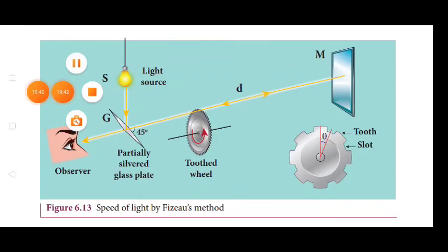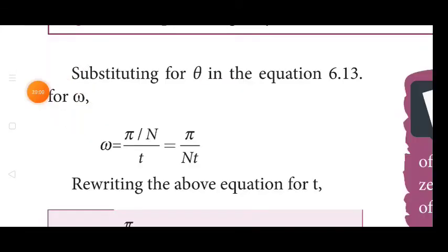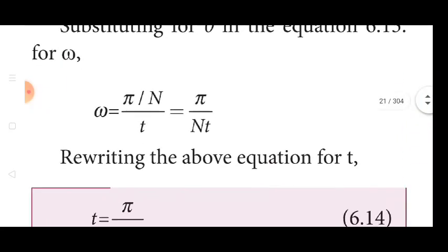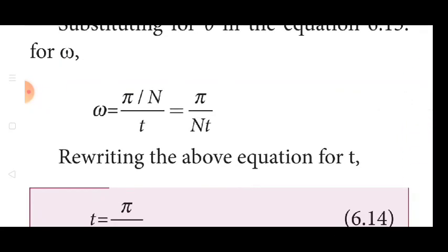This is the diagram to find the speed of light by Fizeau's method. Children, whenever you go through the theory, you have to go through it with the help of the diagram. Substituting for theta in equation 6.13 for omega, omega is equal to pi by n by t, which is equal to pi by nt.